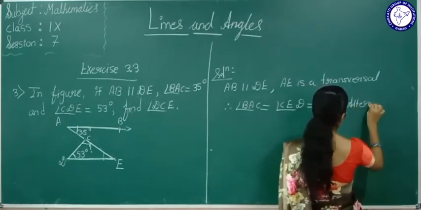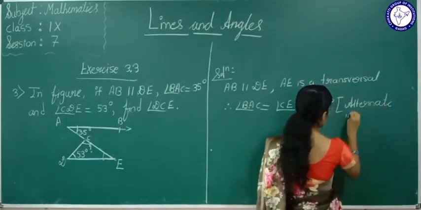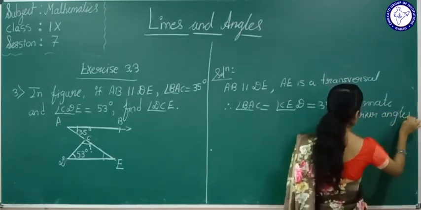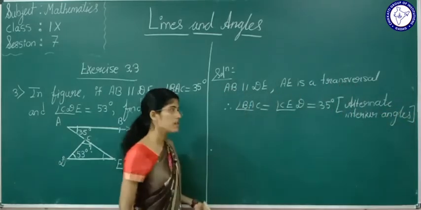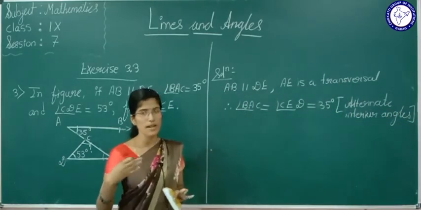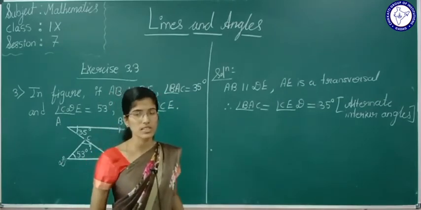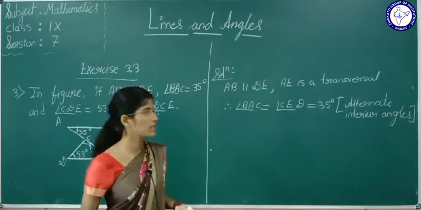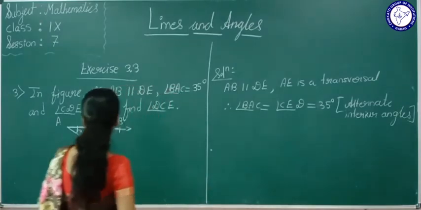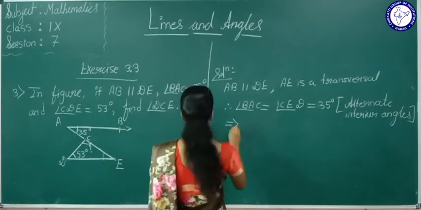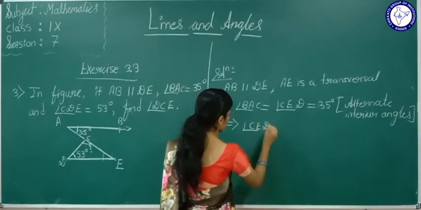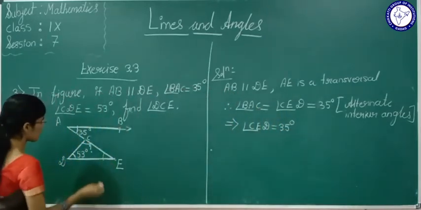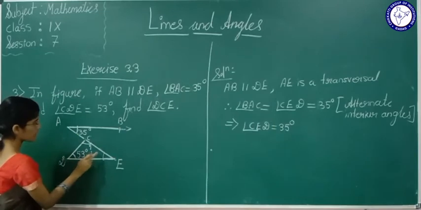Alternate interior angles. Alternate interior angles are equal. If there are two parallel lines, if a line intersects at two distinct points, then definitely alternate interior angles are equal. We learnt this in a theorem. Yes, therefore angle CED is equal to 35 degree. This we got now. 35 degree we got now.